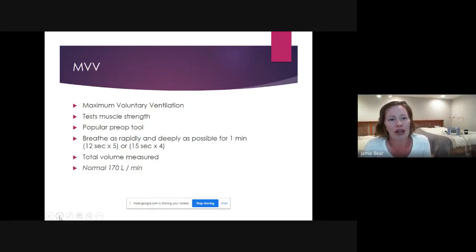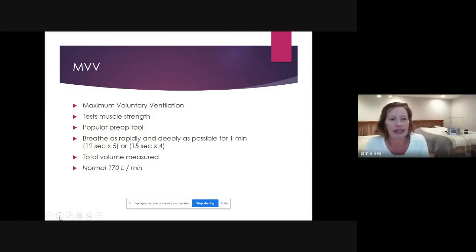So maximum voluntary ventilation, I doubt you guys have seen this unless when you did go shadow in the pulmonary function lab, you may or may not have seen this. It's to test the patient's muscle strength. It is a popular preoperative tool, a lot of times maybe for a neuromuscular disorder or when they think that the patient won't come out of surgery as easily.